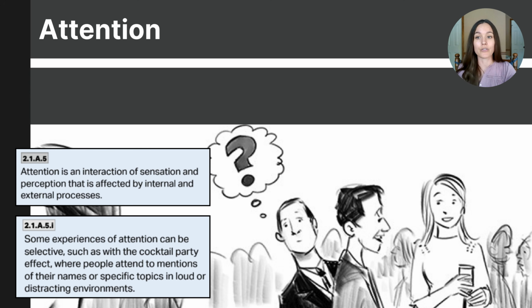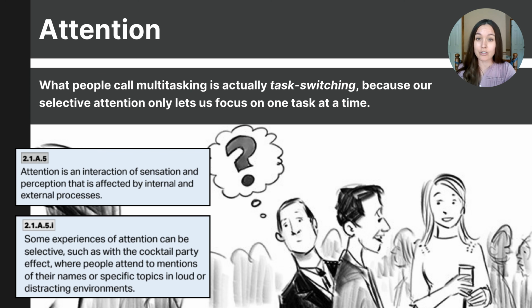Now that you know that you have selective attention, it's important to realize that we're not truly capable of handling multiple tasks simultaneously with equal efficiency. Instead, what we often perceive as multitasking is actually just rapid task switching, where we shift our attention back and forth between tasks. This constant shifting can lead to reduced performance and increased errors as our cognitive resources are divided.